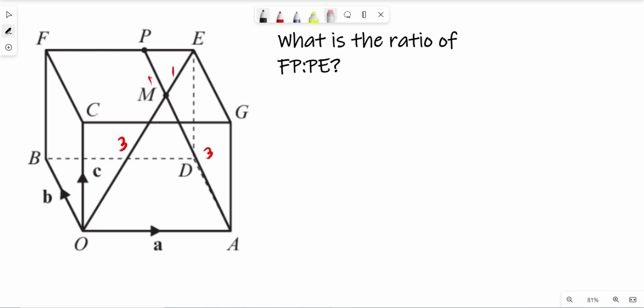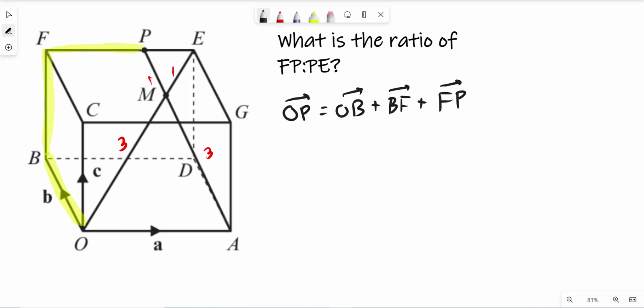Now, what we're going to do is find the route OP. We're going to find this journey. We're going to define it in two ways. We're going to define it as the journey OB plus BF plus FP. And we're also going to define it in another way where we know all the details from it.